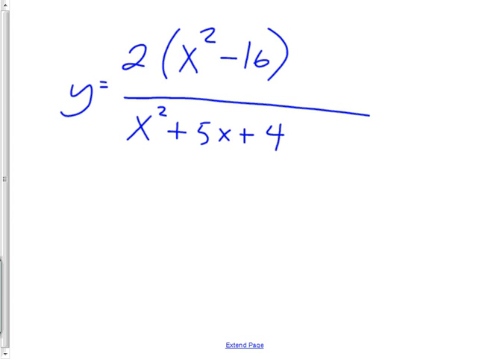And I'd like you to tell me vertical asymptotes, horizontal asymptotes, domain, hole, and we won't even graph this one. If you can handle all these questions on it, you'll be fine.